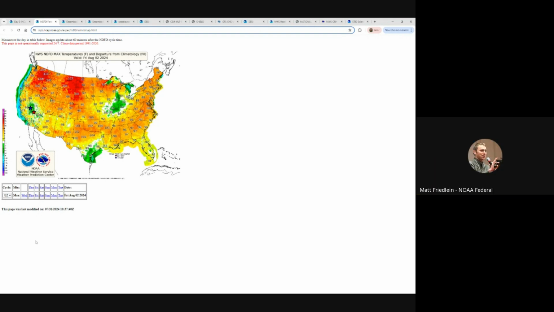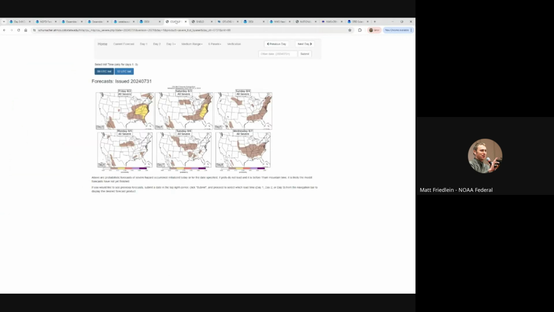And while convection didn't look to be a striking issue here, Jenny, in the period you looked at, a reminder of the CSU machine learning probabilities in this period. That's always a great thing for that days 3 through 8 type period.